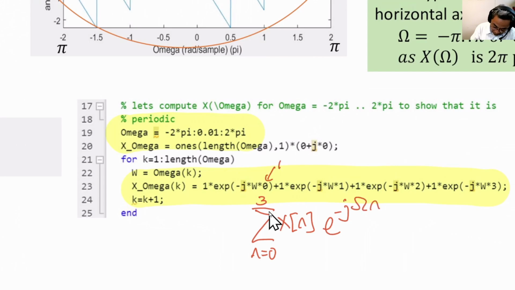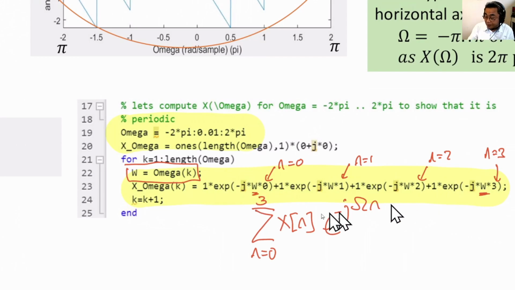So this is n equals 0, this is n equals 1, n equals 2, n equals 3. The capital W is the omega, and we are summing only these 4 terms, and we are calculating for the different X of omega in different cases, ranging from minus 2 pi to 2 pi.